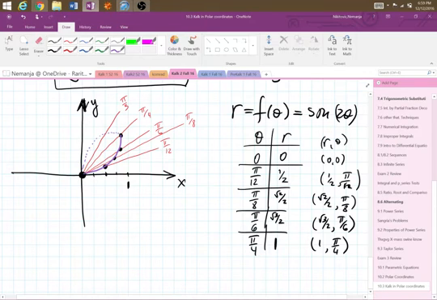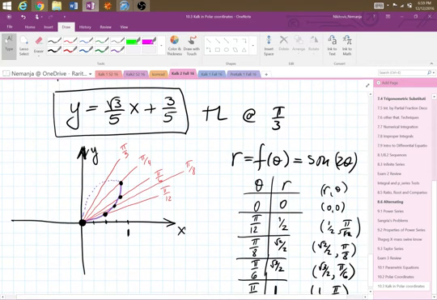I haven't gotten to pi over 3 yet, but pi over 3 is right here. And when you draw the tangent line, you see that it's going to be positive, right? We have the positive tangent line. And look, if I draw a tangent line, this is a terrible picture, but tangent line at pi over 3.